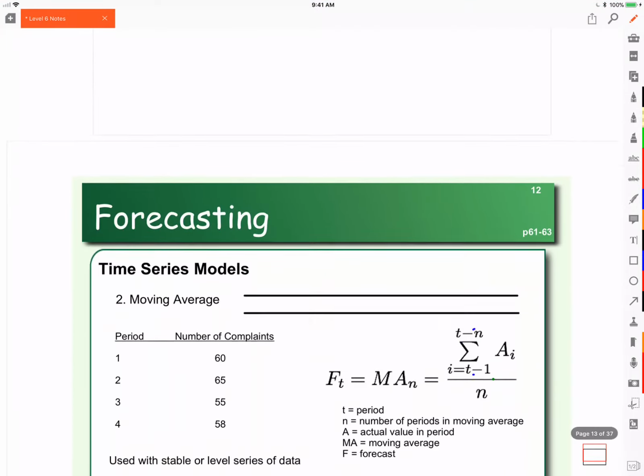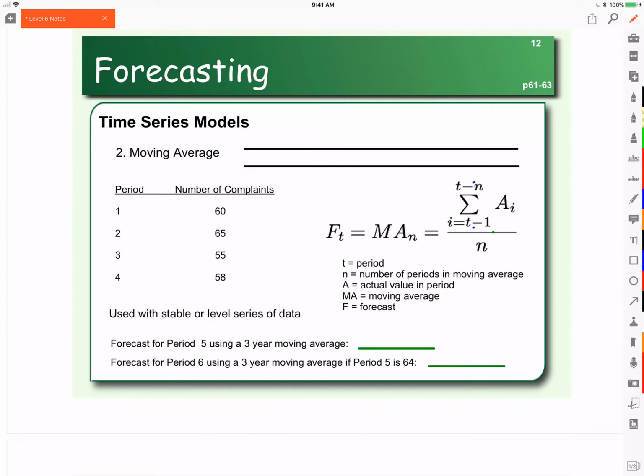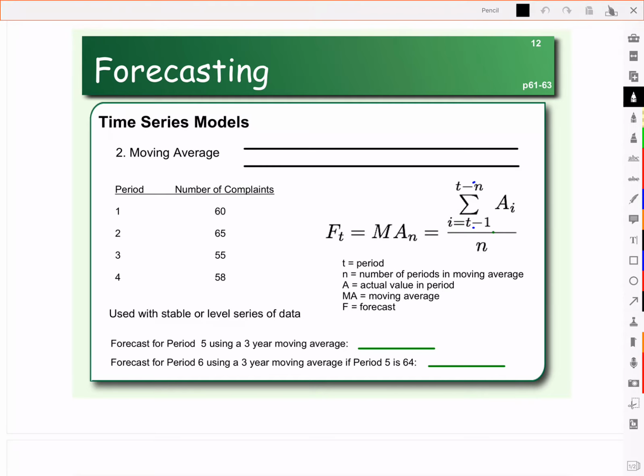The second type of short-term forecasting is what is called the moving average. The moving average takes the average number of our recent actual values as the forecast for the current period.